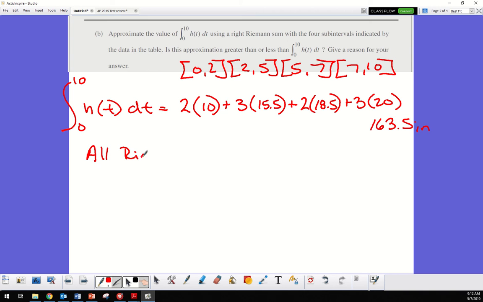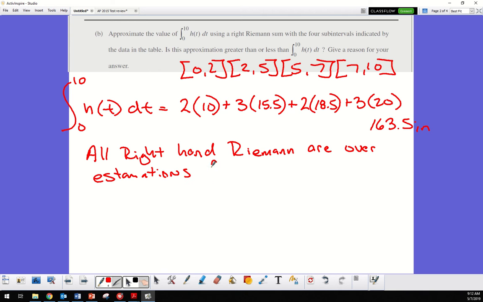So all right-hand Riemann sums are overestimations for an increasing function.